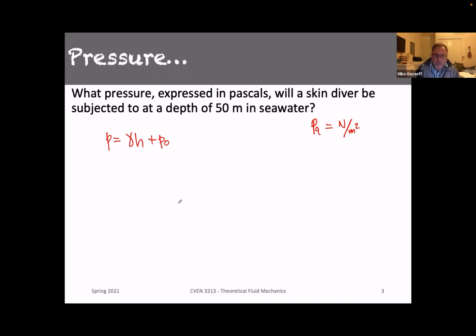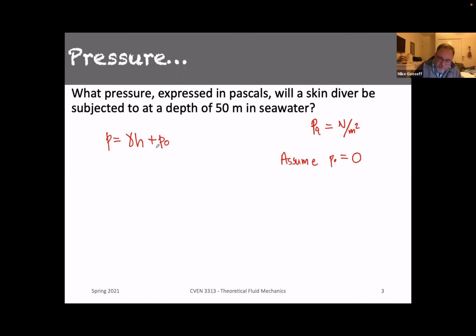So we assume that P naught is equal to 0, and that we're really looking for a pressure that is different from what the skin diver would experience at the surface, like before they jumped off the boat to go into the water. So we're going to assume that P0 is equal to the value of 0.